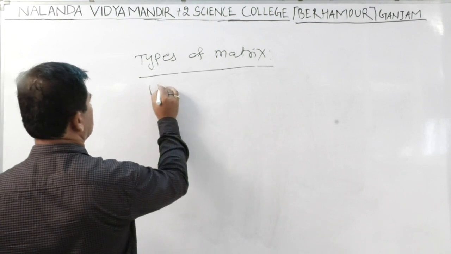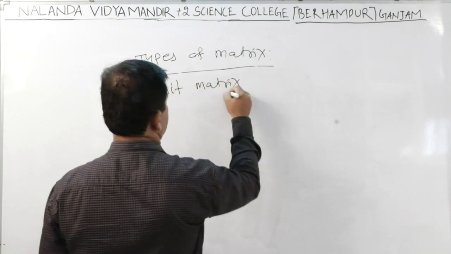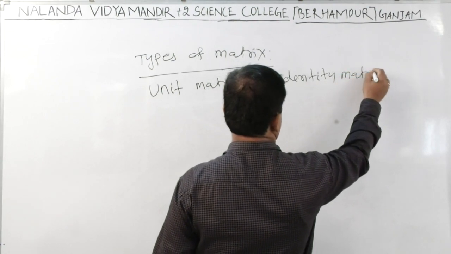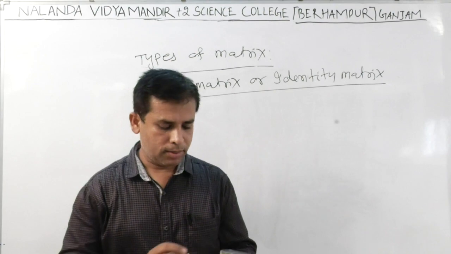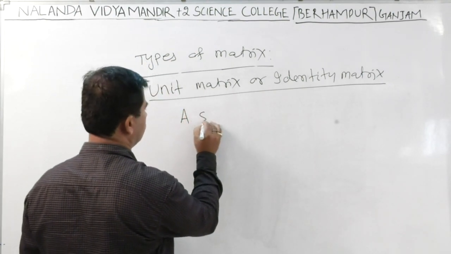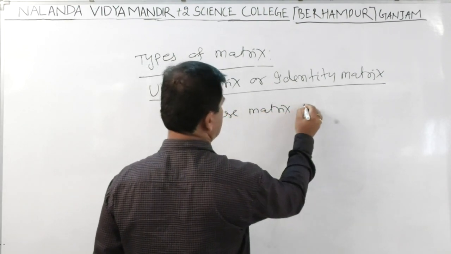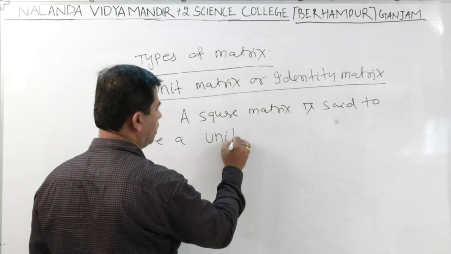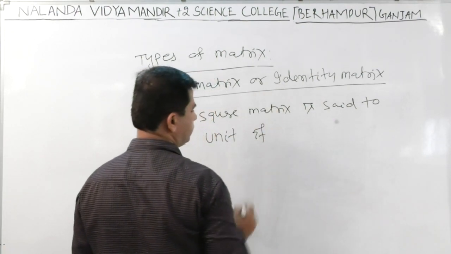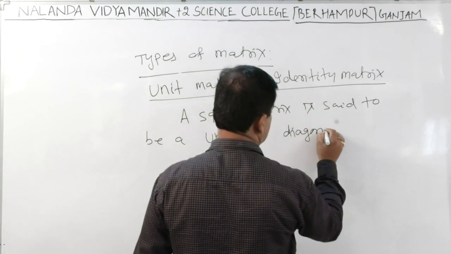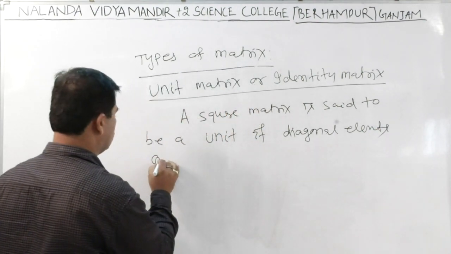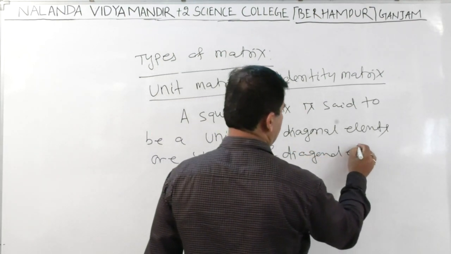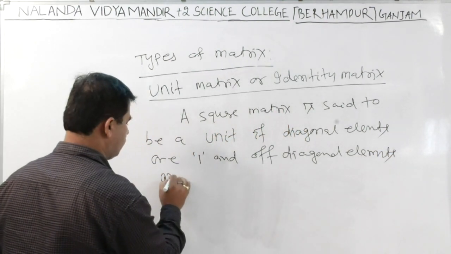Now, unit matrix or identity matrix. A square matrix is said to be a unit matrix or identity matrix if diagonal elements are 1 and off-diagonal elements are 0.